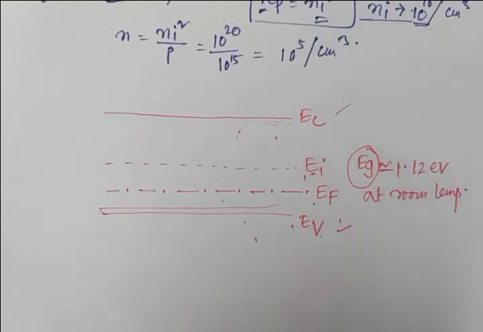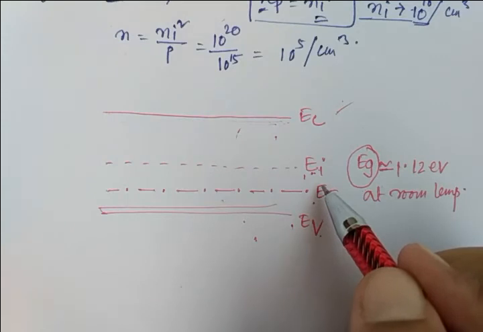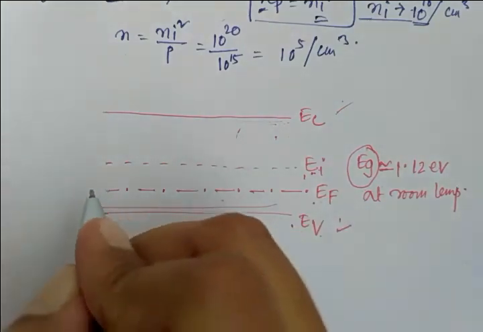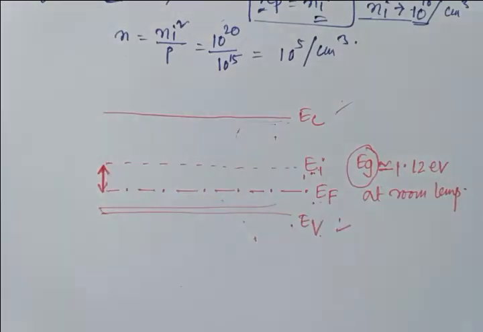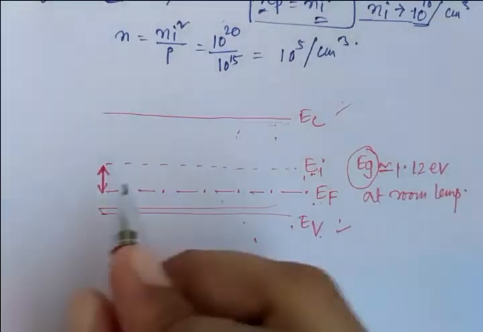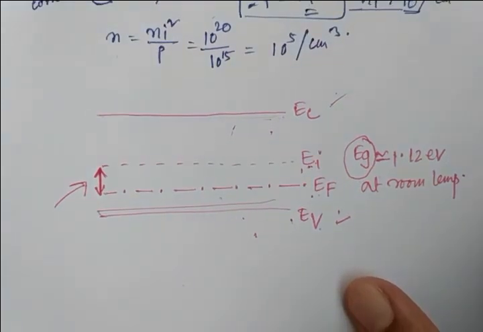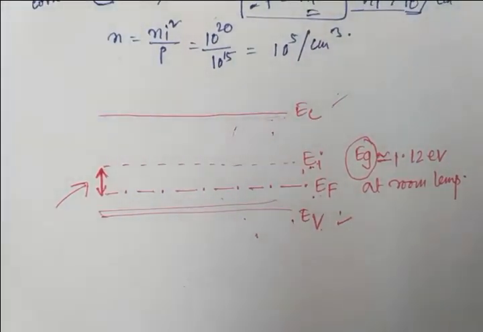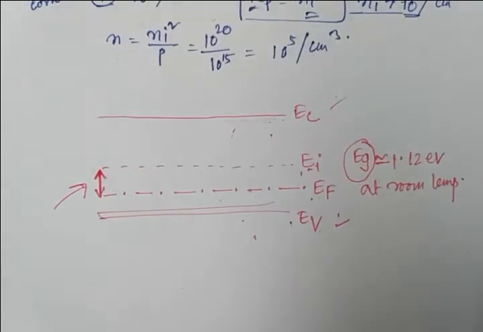Okay, so the distance between your intrinsic level and the Fermi level, you have all heard this term. This is known as the bulk potential. Please try to relate all that you have studied previously, right? Because I think you have all forgotten this term. This is a minimum expectation from your side.